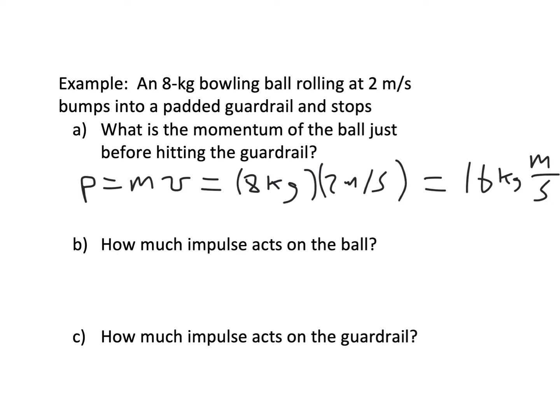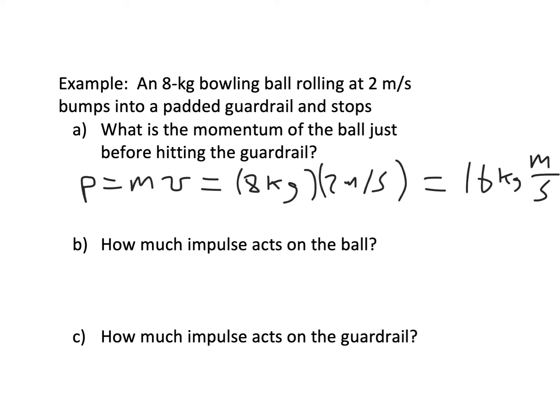Now, part B says how much impulse acts on the ball. Now, we have to recognize that the ball's moving at 2 meters per second, and then it comes to a stop. So what's its final momentum if it's stopped? Its final momentum is 0. The change in momentum is going to be 16 kilograms meters per second minus 0 kilograms meters per second.